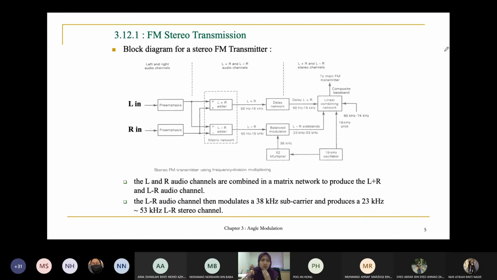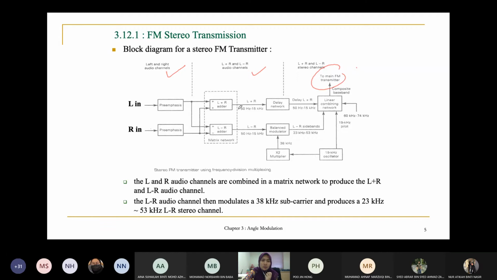This is the block diagram for a stereo FM transmitter. Here we have the left and right audio channels, then the left plus right and left plus inverted right audio channels, and finally the output that will go to the antenna of the FM transmitter.